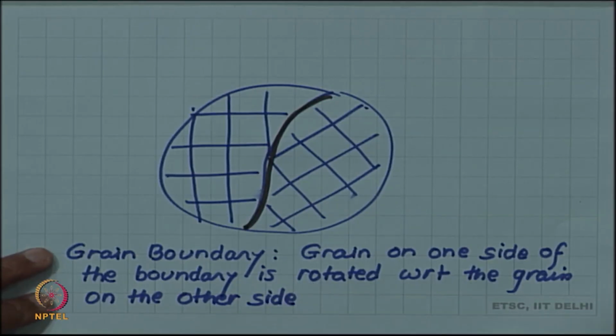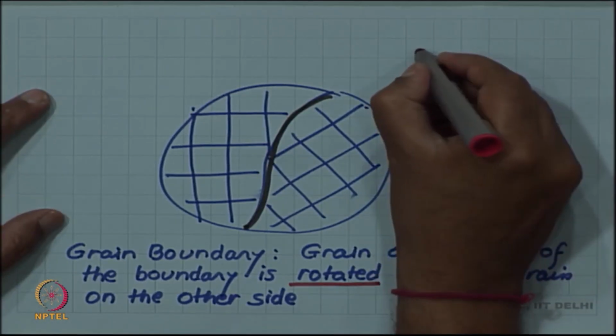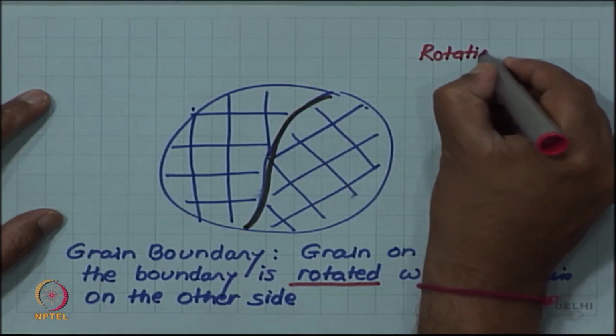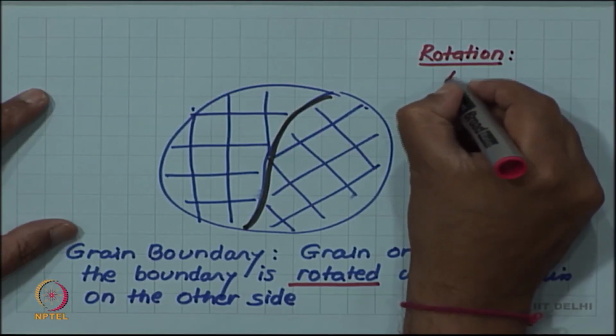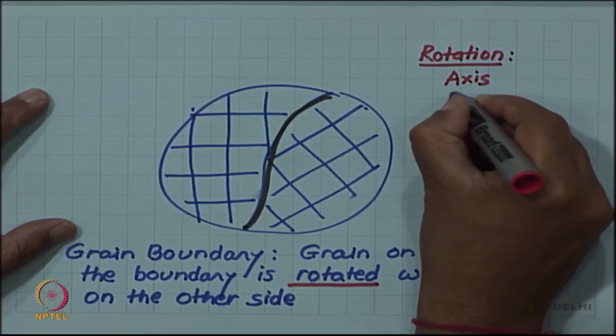So, there is a rotation, and a rotation can be represented by an axis, the rotation axis, and a rotation angle.